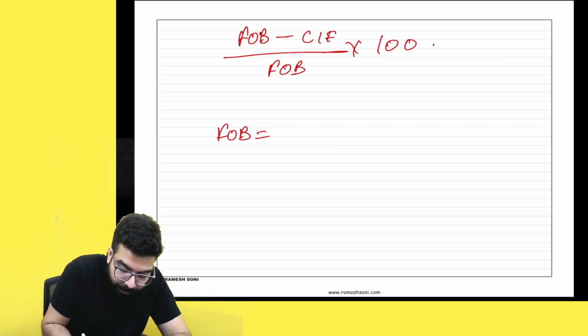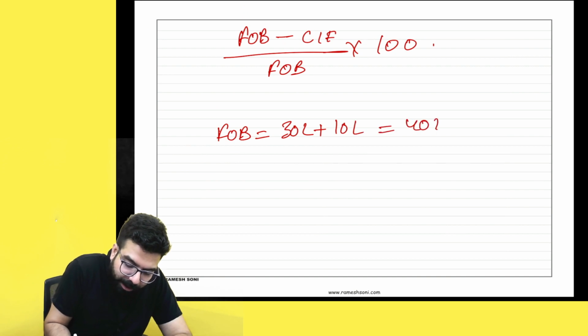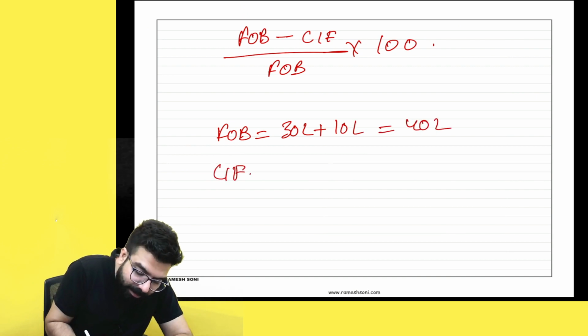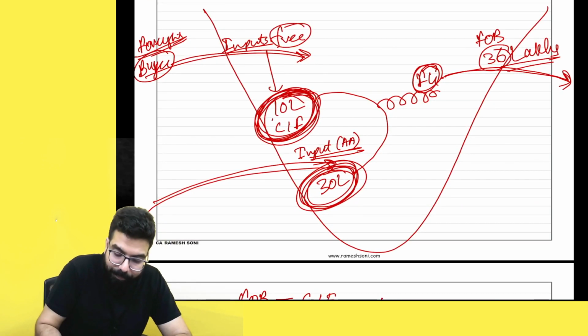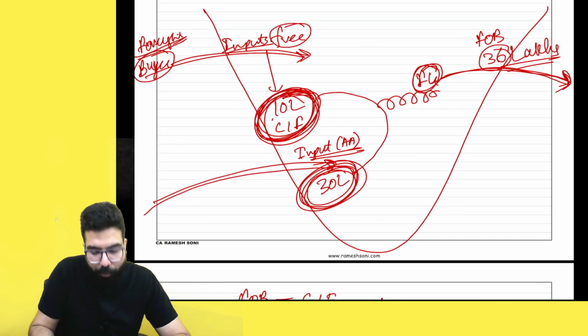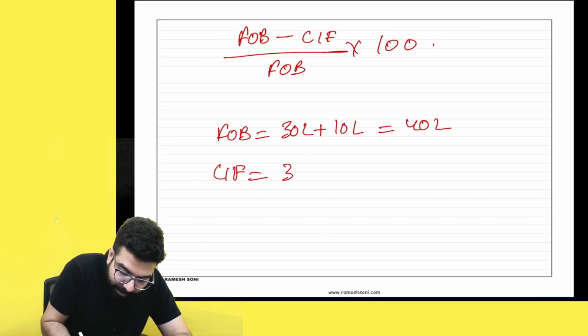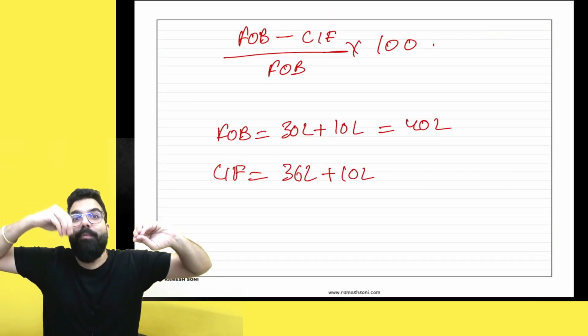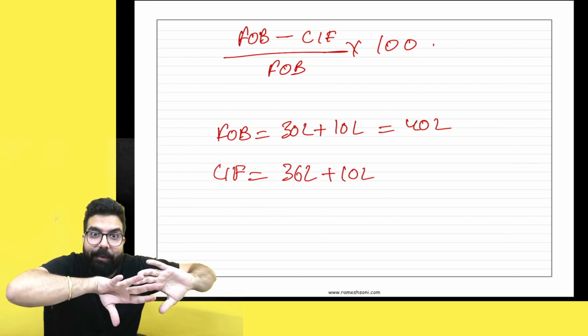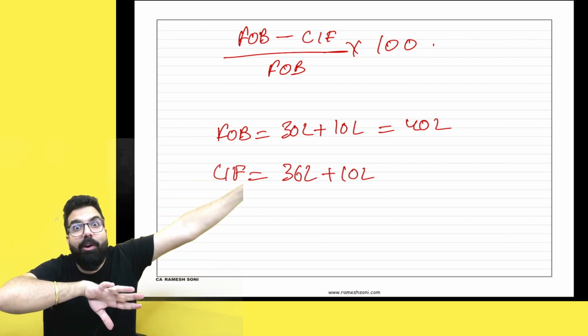So 30 lakh plus 10 lakh gives me 40 lakh rupees. What will be the FOB? 36 lakh is the finished goods' final FOB value. With the 36 lakh you should also add the 10 lakh, because the 10 lakh rupees item came freely, incorporated in the final product, and also it will go. You will not charge him anything.